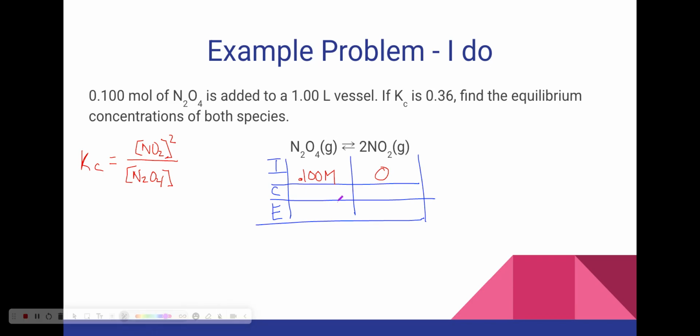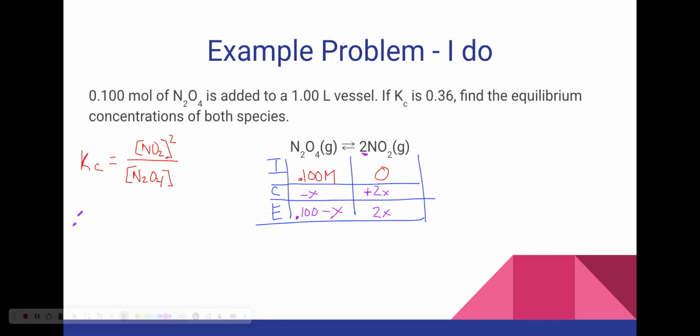So in terms of the icebox, we're going to subtract x from our reactants because there's a stoichiometric coefficient of 1 there. So 0.100 minus x is our equilibrium concentration of N2O4. For NO2, we're going to add 2x because we have a stoichiometric coefficient of 2 here. And at equilibrium, its concentration will be 2x. So now, guys, we're ready to plug these values into our equilibrium constant.